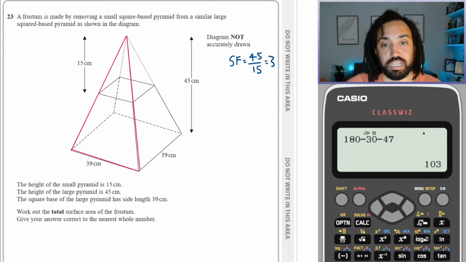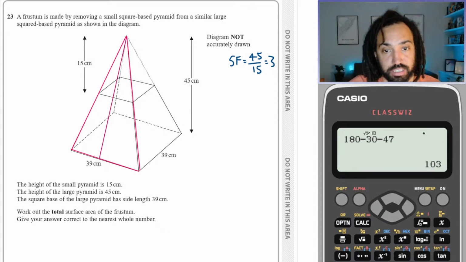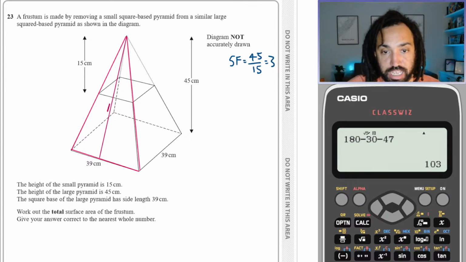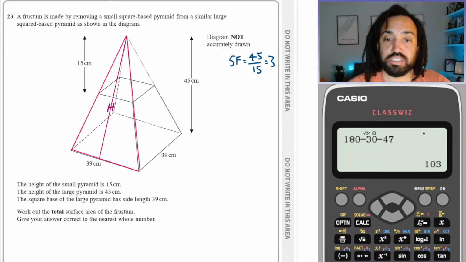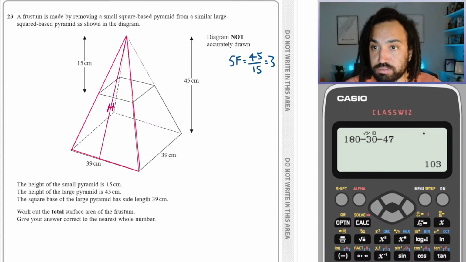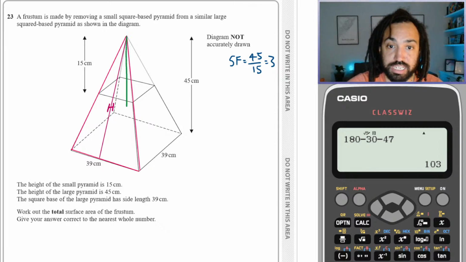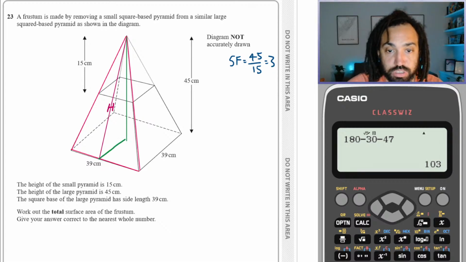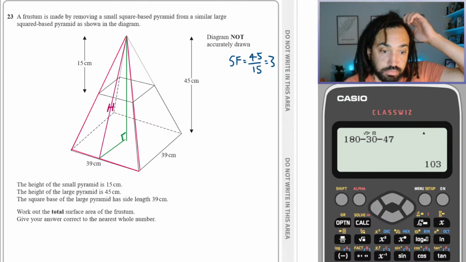Now, the best way of doing that is to draw a height line directly down to the midpoint like this. And let's call that distance there h for the perpendicular height of this red triangle. So how am I going to work that distance out? Well, I'm going to use a 3D Pythagoras trick. I'm going to draw a line directly down to the midpoint and then across like this to create a right angle triangle.